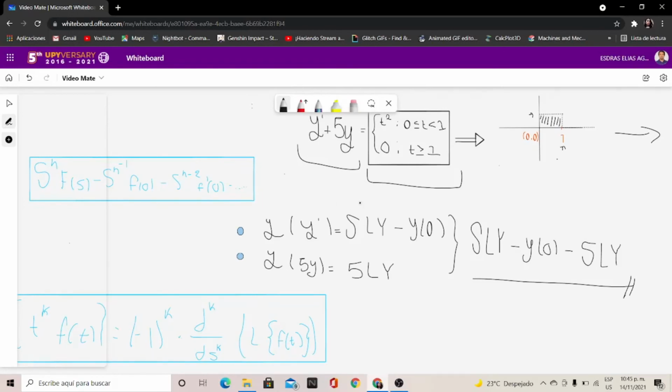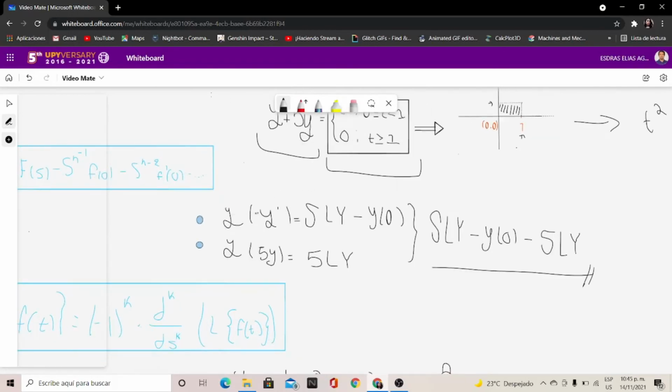So the Laplace transform of g prime is s times the Laplace transform of g minus g evaluated at 0.